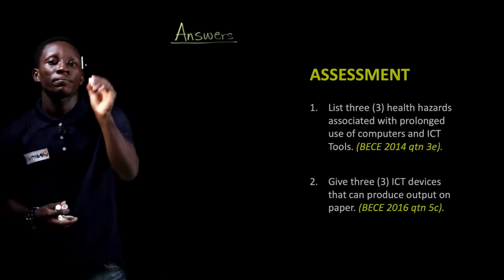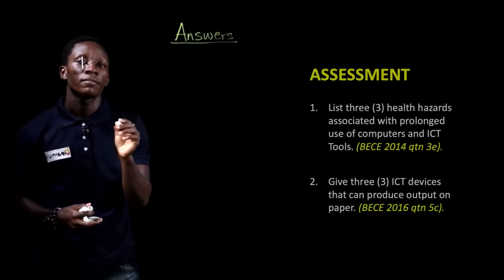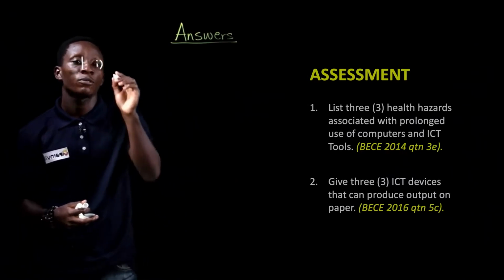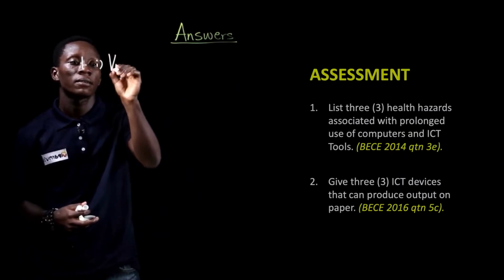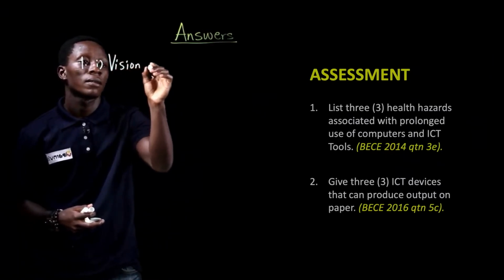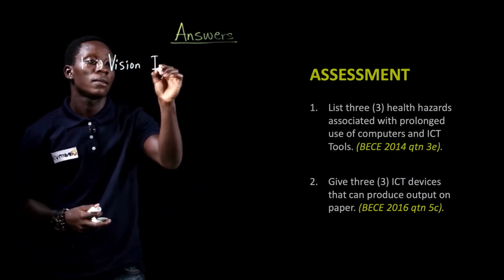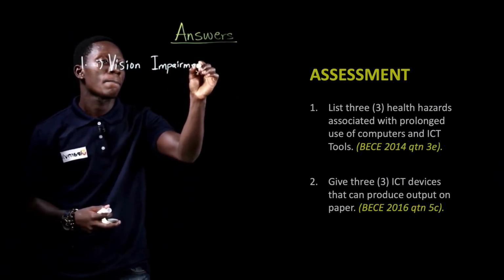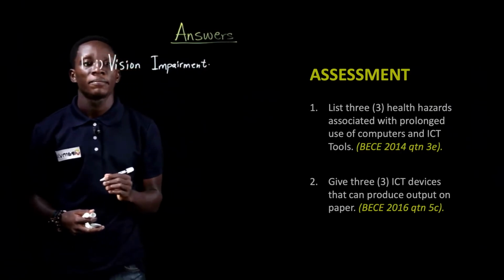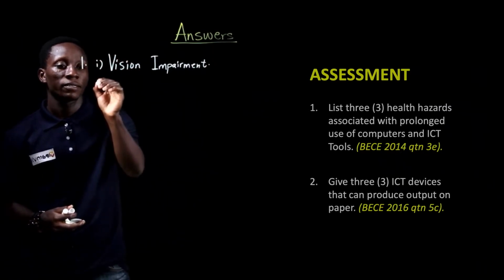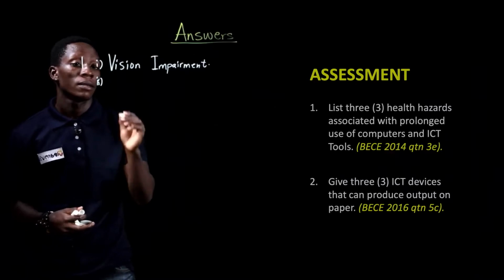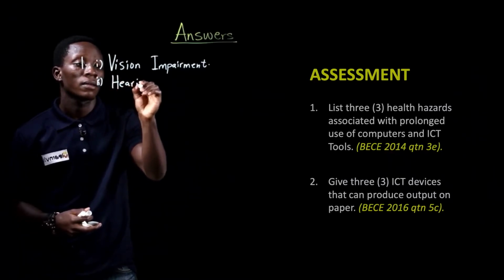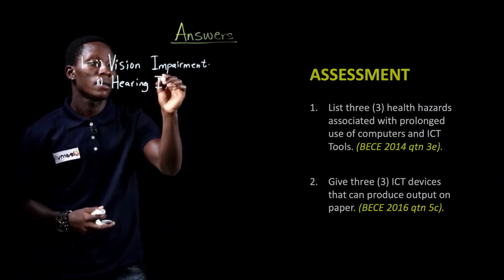So 1, we are to list 3. The first one we'll talk about is vision impairment. The next one, which we will talk about, is hearing impairment.